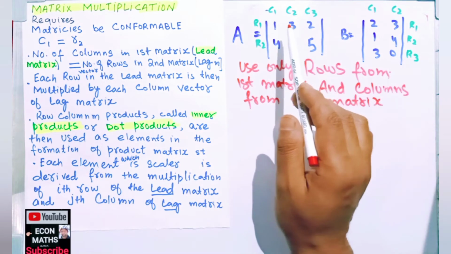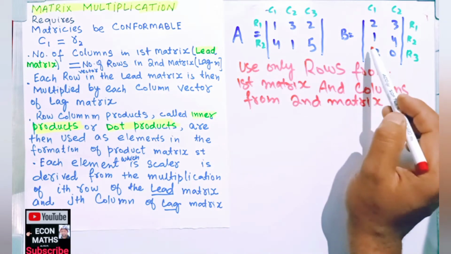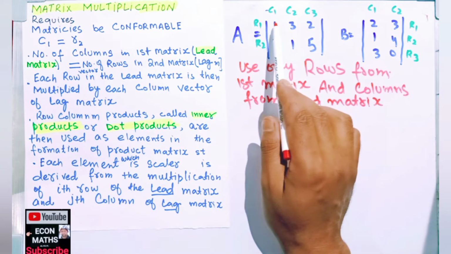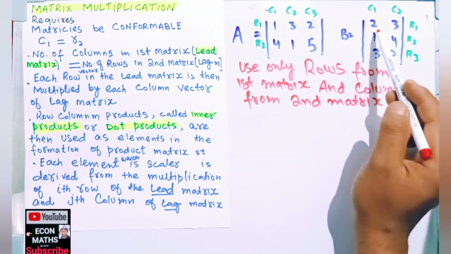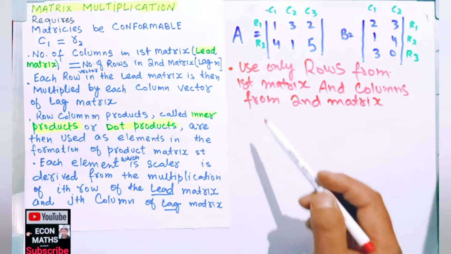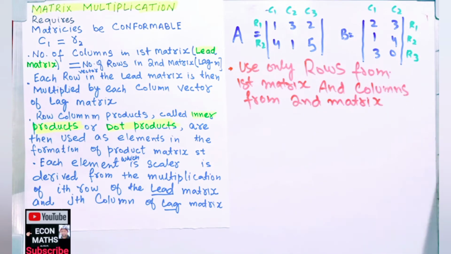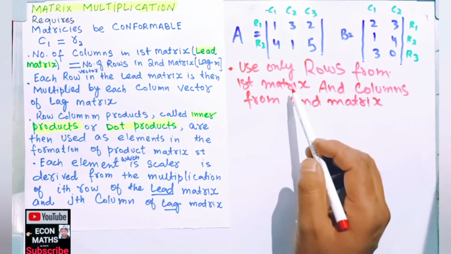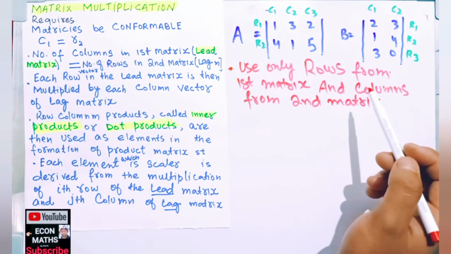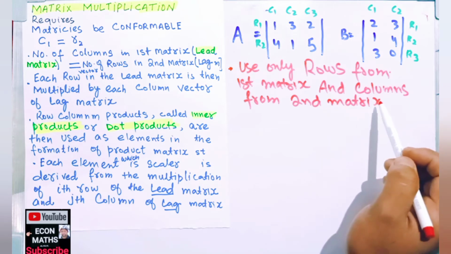Now each row vector here is multiplied with this column vector, that is, the row vector of the first matrix is multiplied with the column vector of the second matrix. This is to be remembered: use only rows from the first matrix and columns from the second matrix, and not the columns from the first matrix and rows from the second matrix.